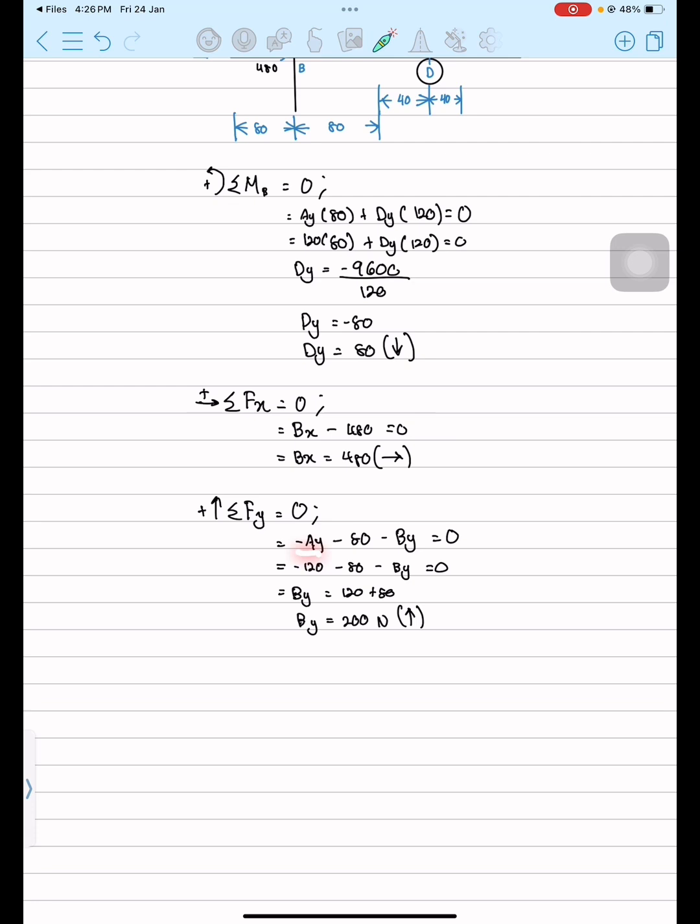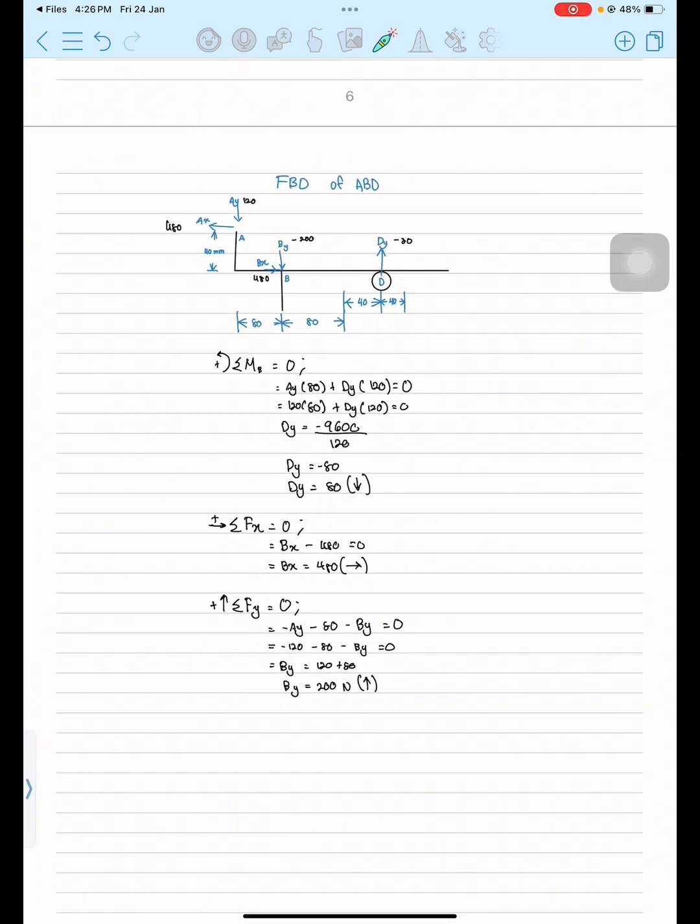So negative Ay minus 80 minus By equal to 0. Replacing Ay with 120, negative 120 minus 80 minus By equal to 0. So By is 200 Newton forcing upward. That's all for me. Thank you.